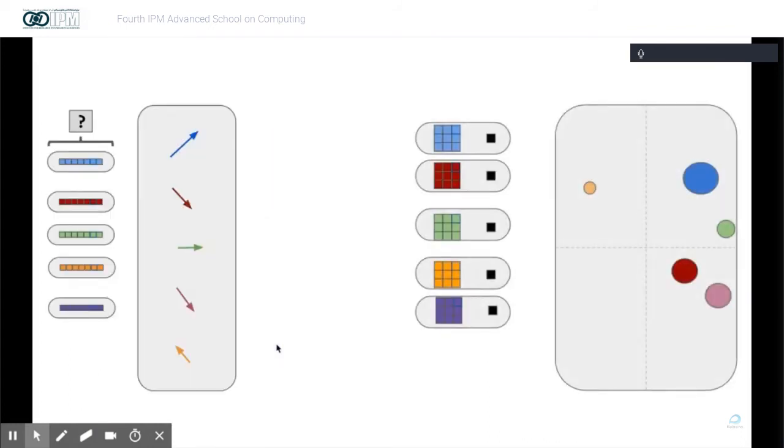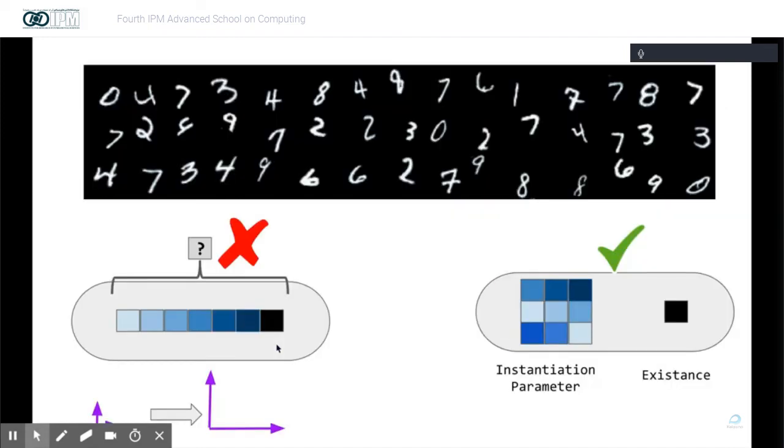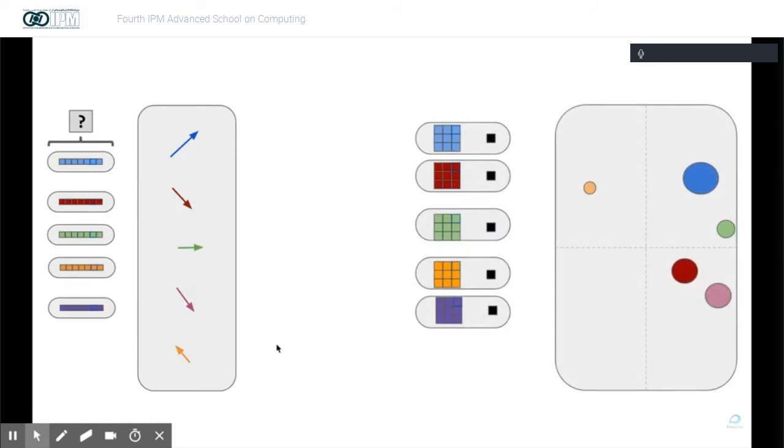So far, the length of the coordinate frame was an indicator of existence.